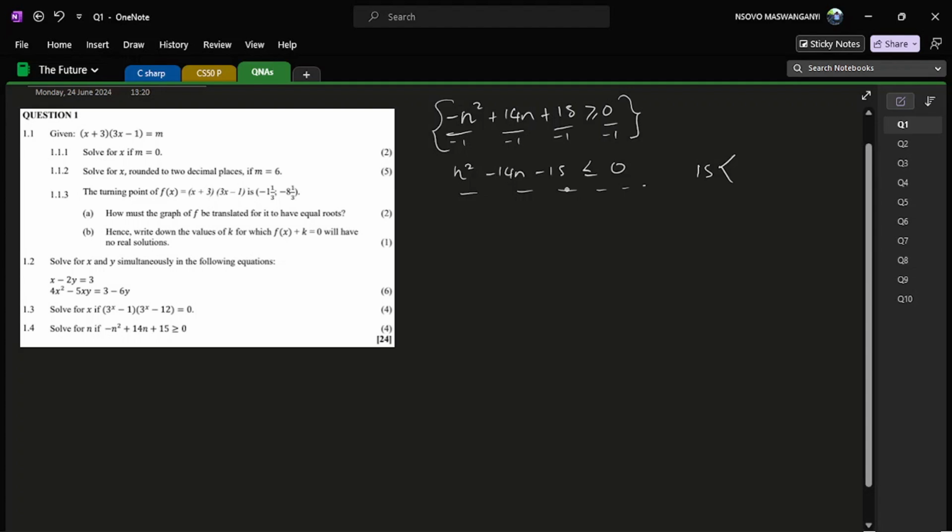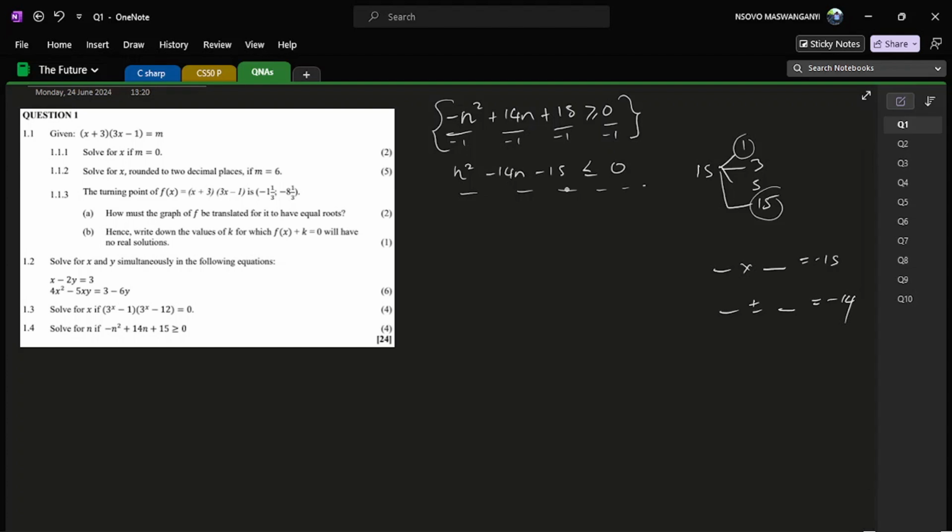So the factors of 15 are 1, 3, 5, and 15, right? So we're looking for two numbers that when we multiply should give us -15, and when we add or subtract should give us -14, like that. By the looks of it, we have 15 and 1 because 14 can only come from 15 and 1.